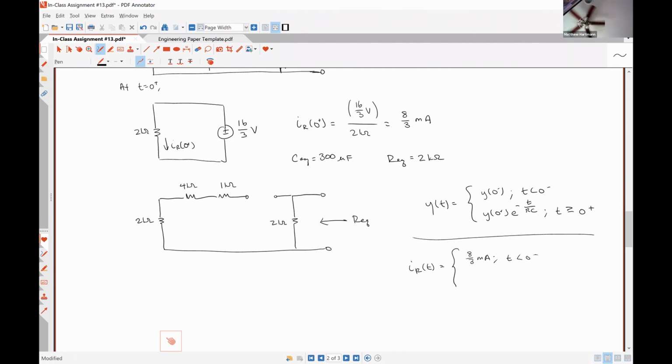What is my value for y at 0 plus? The same thing. So let's see, I'm going to need 1 over R times C. So 1 over 300 times 10 to the minus 6 times 2 times 10 to the positive 3 gives me 5/3.